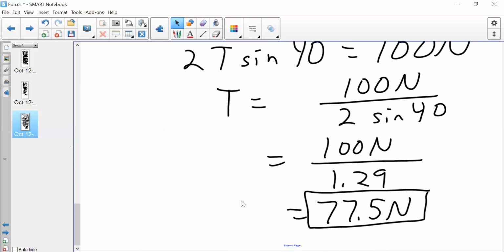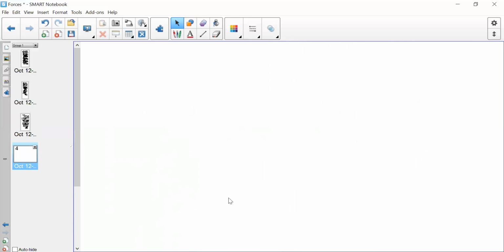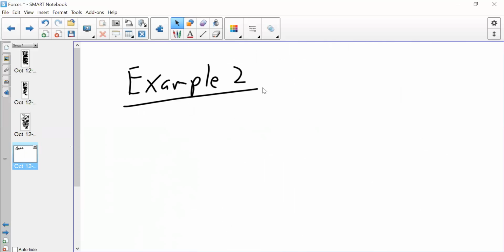Okay, one last example if that was okay. Example 2. So I have this bird feeder, and I have a rope that's at 60, the other one's at 30.